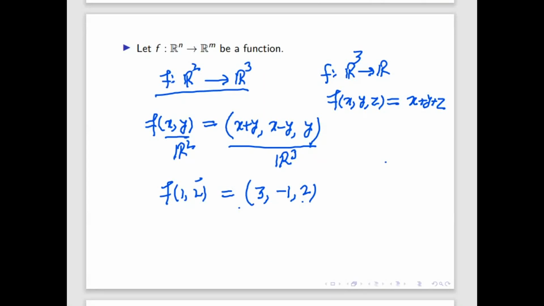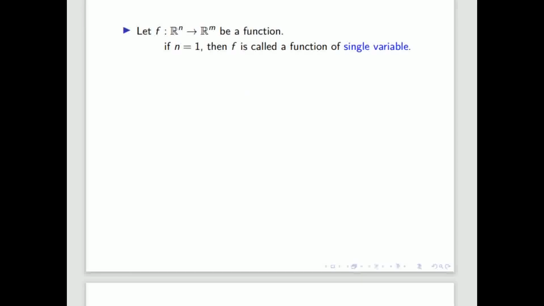So far we have seen R to R. Now we'll see R2 to R3, R3 to R4, from Rn to Rm. N can be anything, M can be anything. N can be bigger than M or M can be bigger than N also. Here is some nomenclature. If N equals 1 in the domain, it is called single variable. Only one variable x, f of x, which we have seen till now, integration of f(x) with respect to x only.